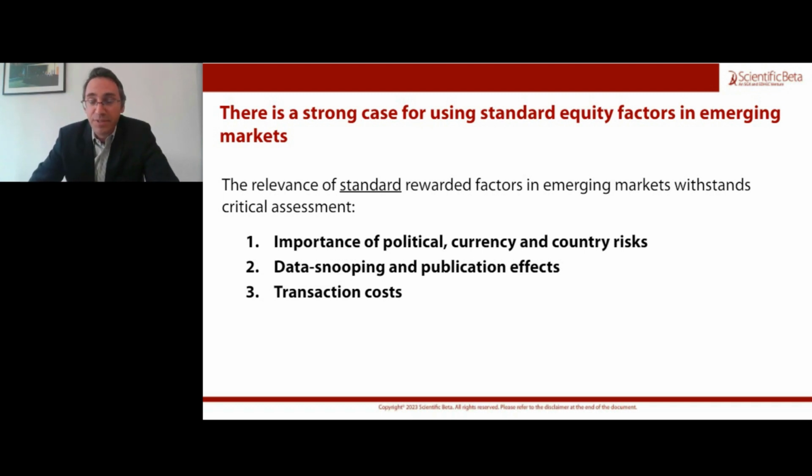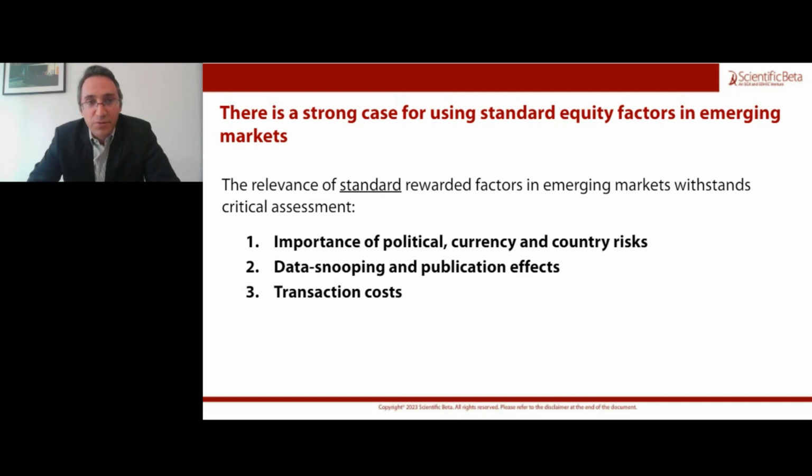So it seems reasonable that you could also object to this idea that we can just use the same factors across different markets, and I would just like to address some reasonable objections, and I'll show that considering this actually makes the case of the standard factors in emerging markets even stronger.